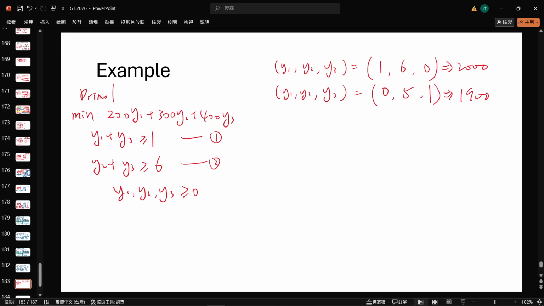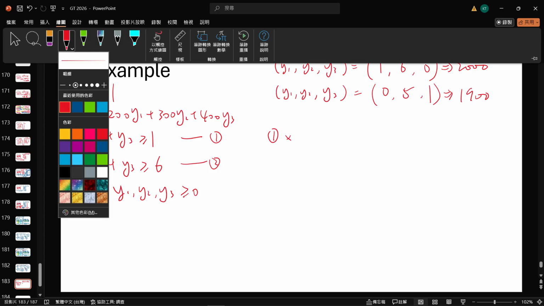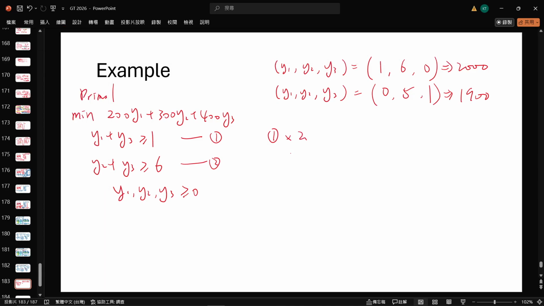So we can try, for example, multiplying the first constraint by 200, and the second constraint by 400.